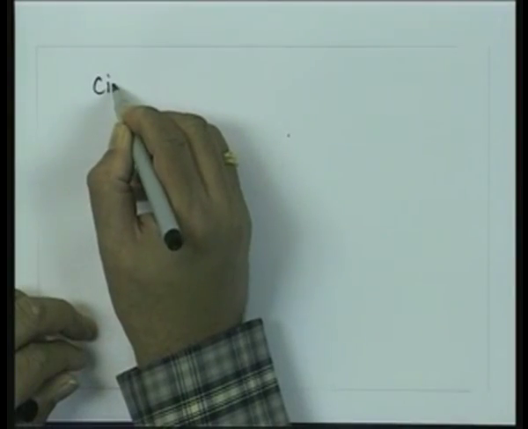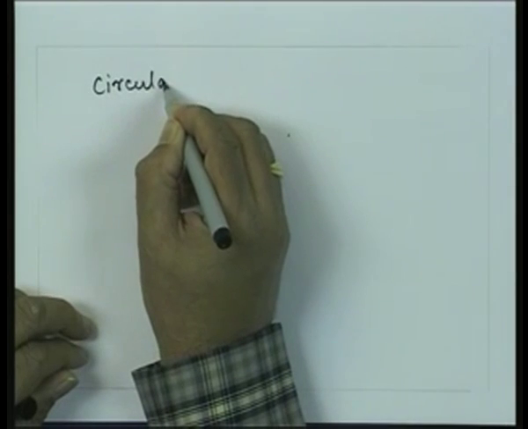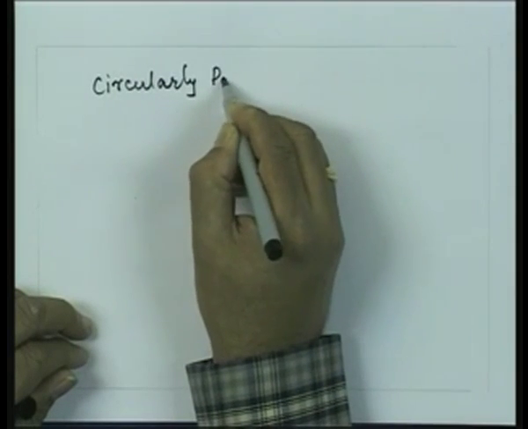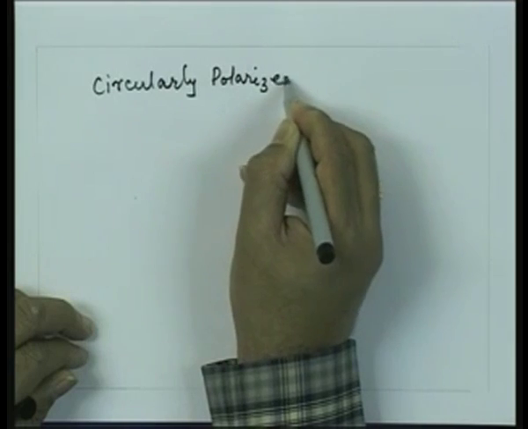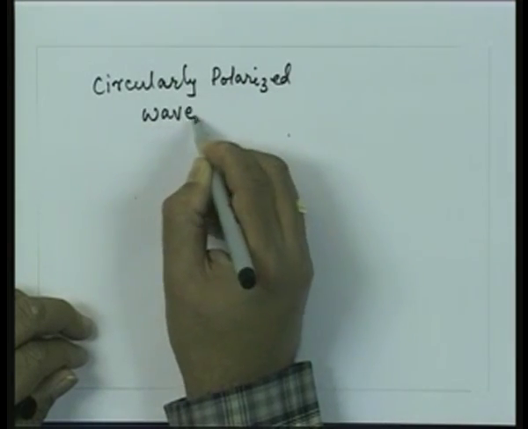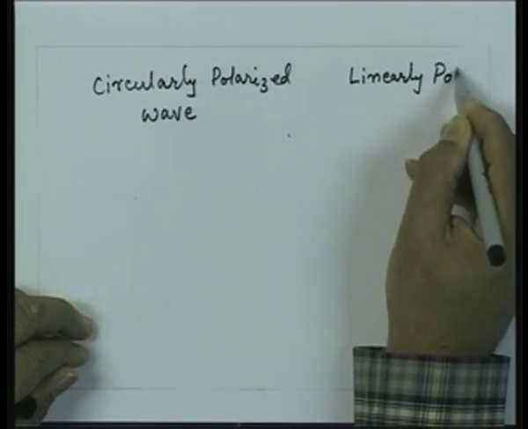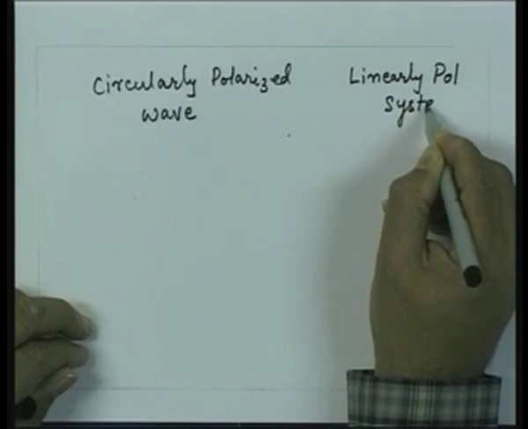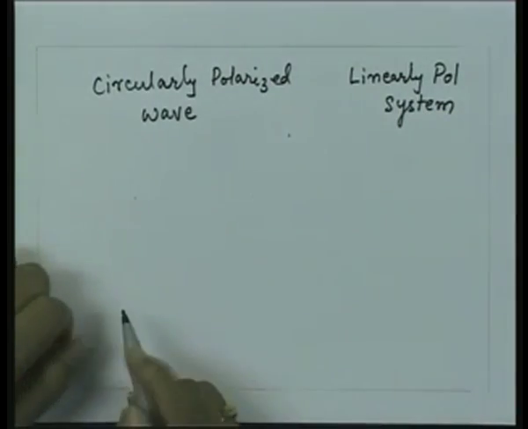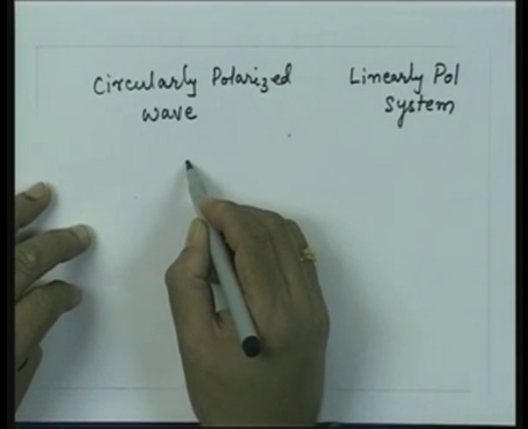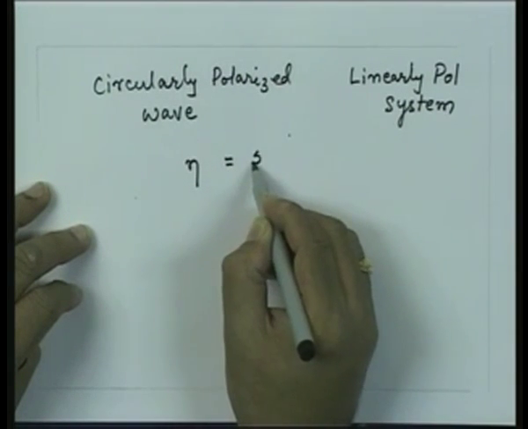What we see from here is that if I take a circularly polarized wave and a linearly polarized system, or vice versa, then the efficiency of power exchange eta is 50%.